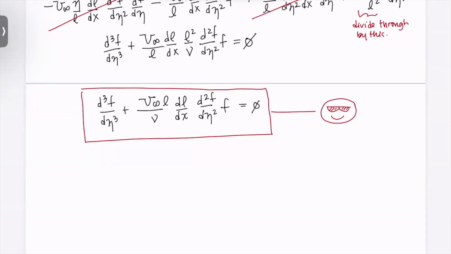Okay. So what we're going to do first is the following. Remember, we're looking for a self-similar solution.